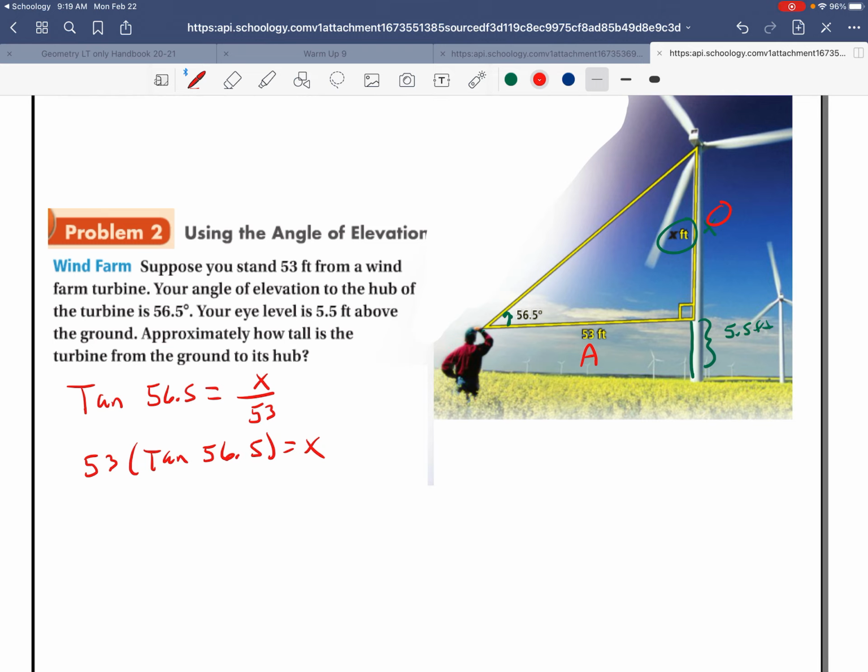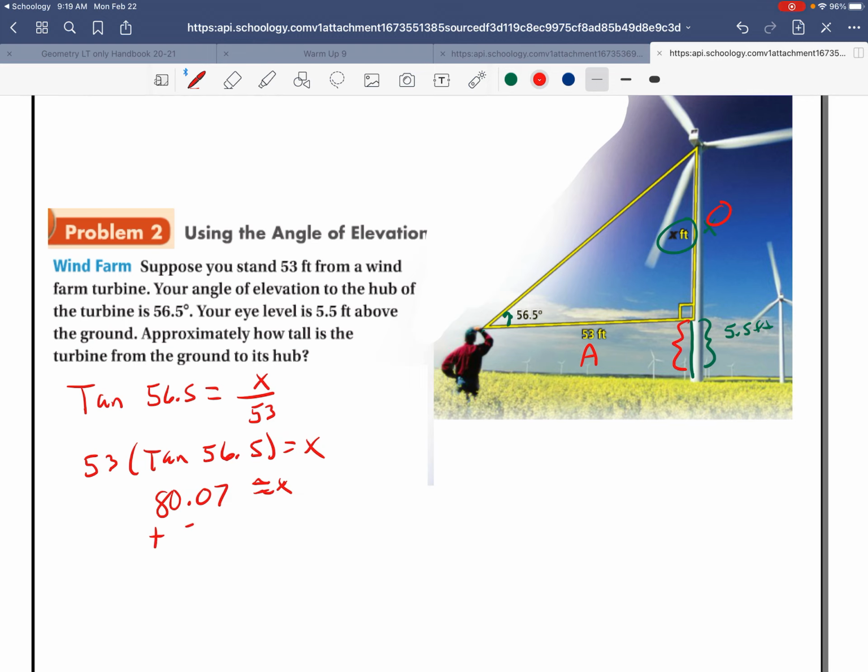53 times tangent 56.5, 80.07 is about x. Now, to get the height from the ground, you will notice that we have to add this part.